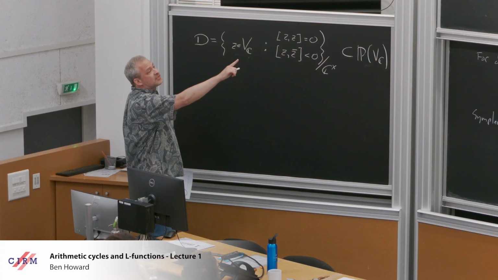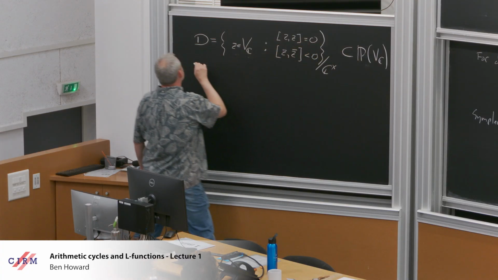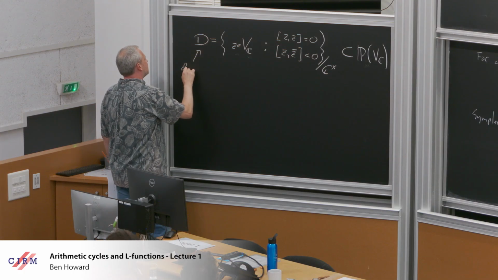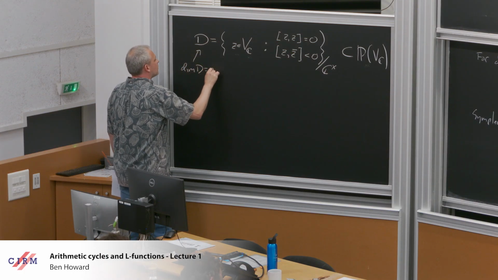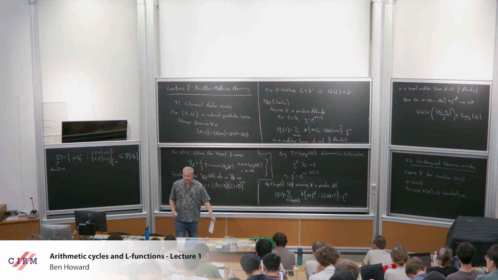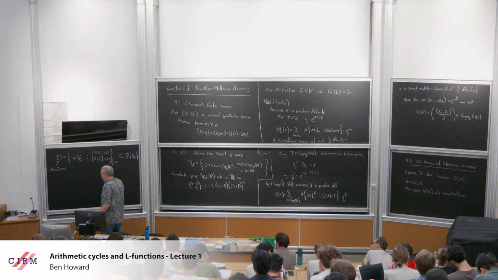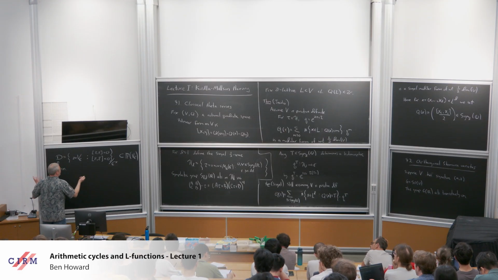So we started out with something of dimension n plus 2, we cut it down to n plus 1, and then we took a hypersurface. So this is dimension n. Okay? And then let me just say, this is a little bit sloppy.